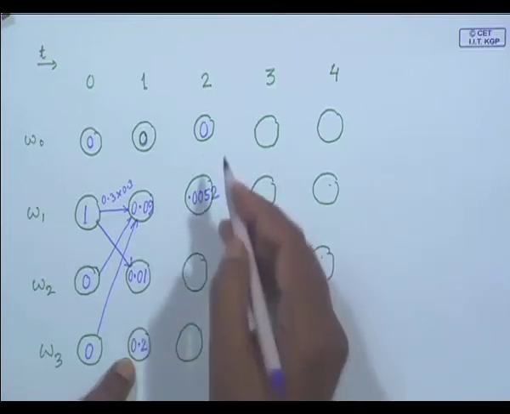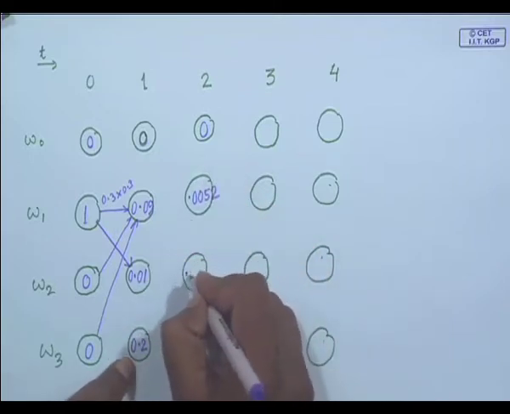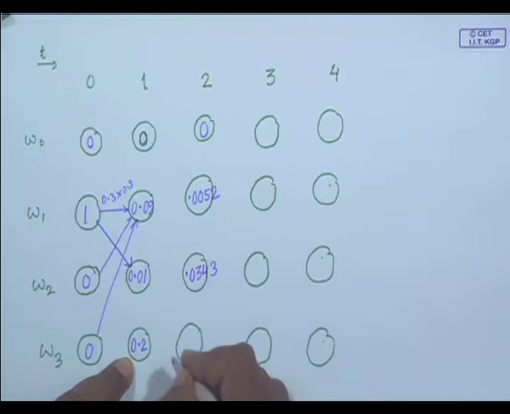If you compute in the same manner, here it will be 0.0343, and here it will be 0.0057.